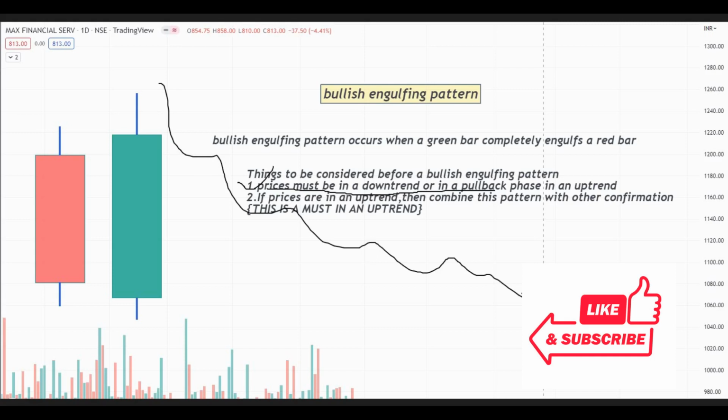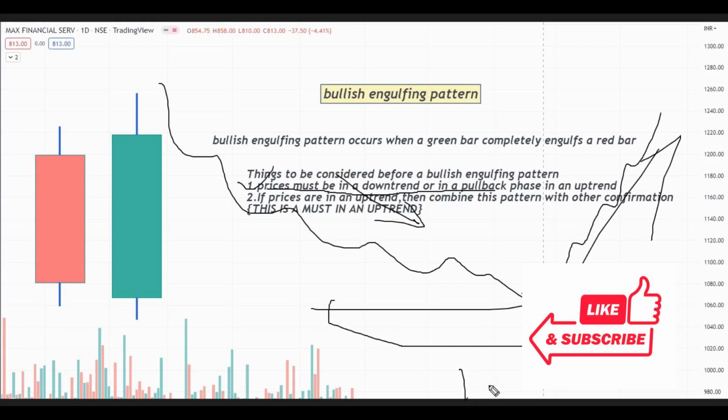Then it is likely that prices could continue their upward momentum from down to up. In this scenario we will use the bullish engulfing pattern along with market structure, volume and trend analysis.